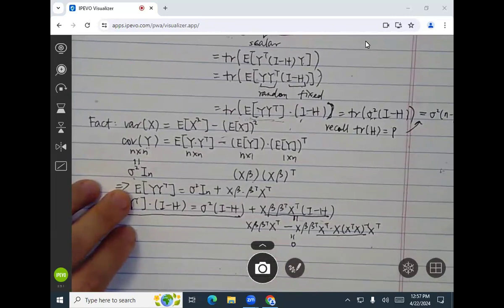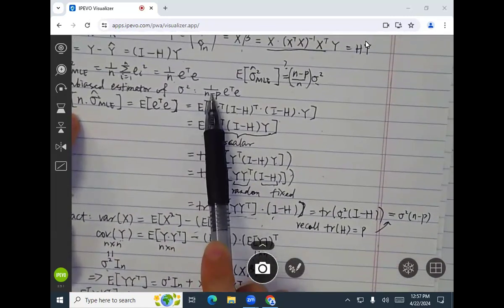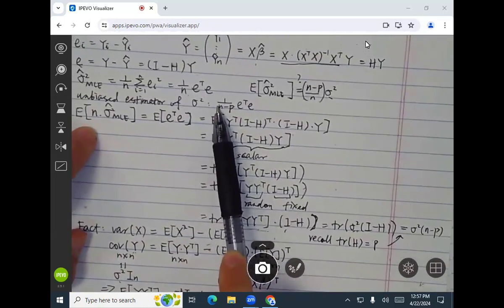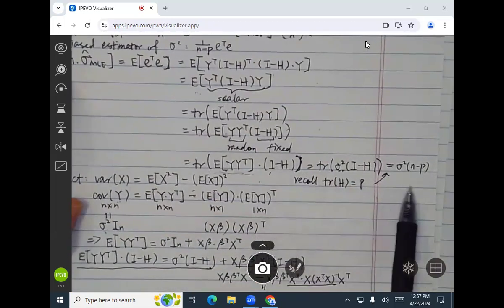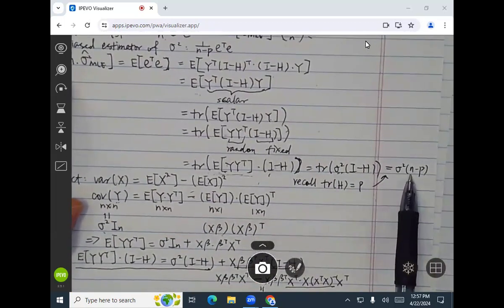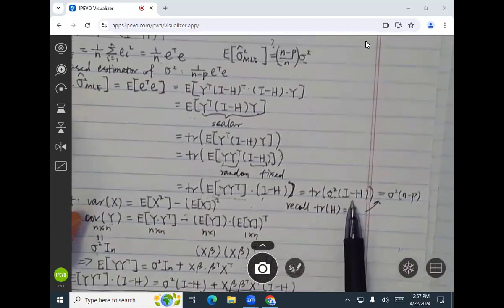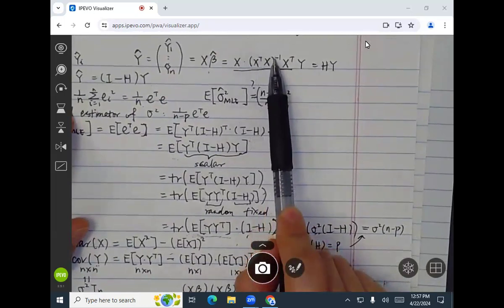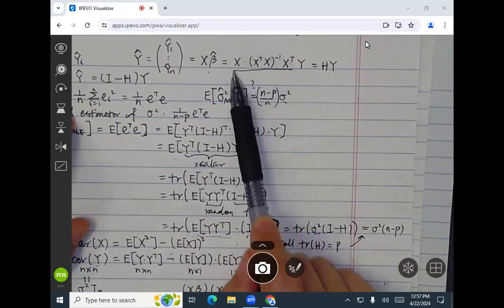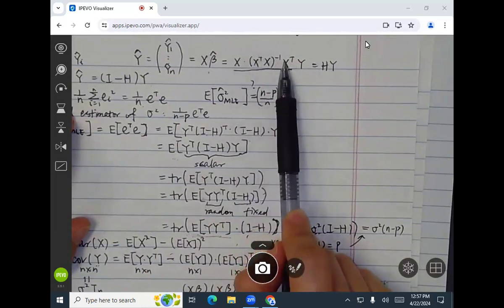And by the way, I just want to wrap up this piece by saying that the n minus p, as the effective degrees of freedom of our residuals, is because of all these calculations. In particular, we lose degrees of freedom from the H matrix, and the essence of the H matrix is that we are basically trying to link our n observations together using the design matrix.